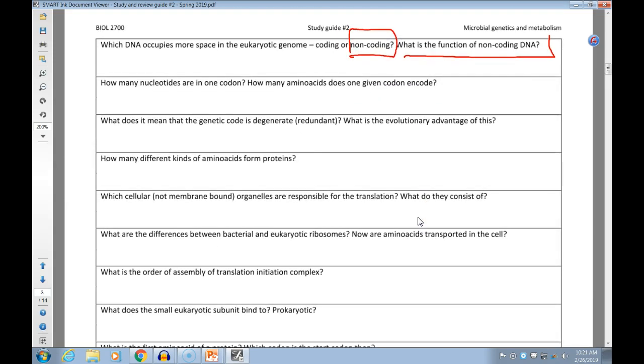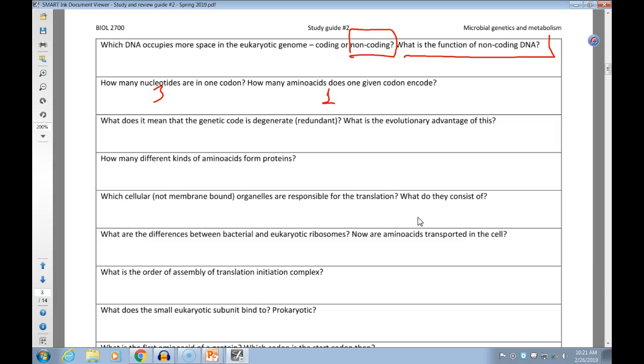Nucleotides in one codon: 3. One given codon always encodes just one amino acid. But remember this, that same amino acid can be encoded by different codons. Does that make sense?